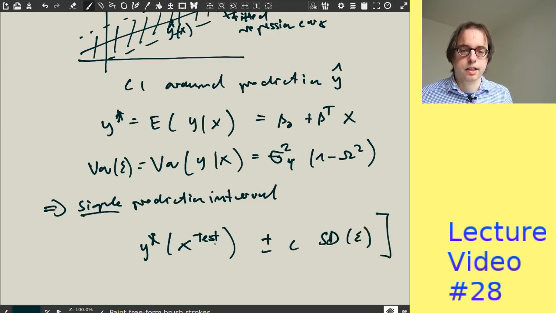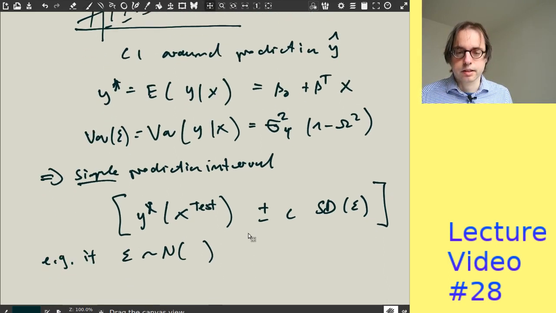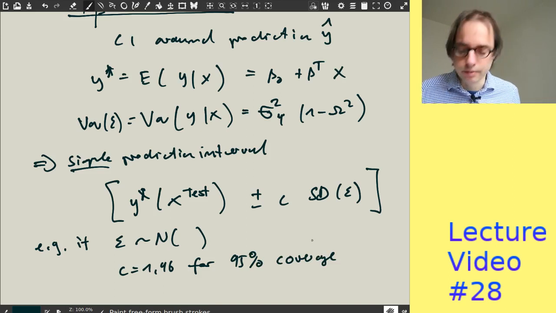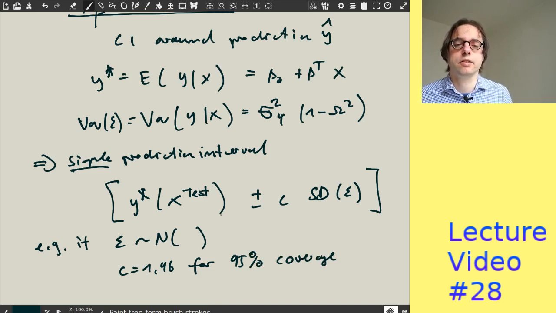So if, for example, epsilon follows a normal distribution, then we could use a critical value of 1.96 for 95% coverage. So the question is, is this a good interval or not? The truth is that it's actually not going to be a good interval, because this ignores that we are actually estimating the predictors.